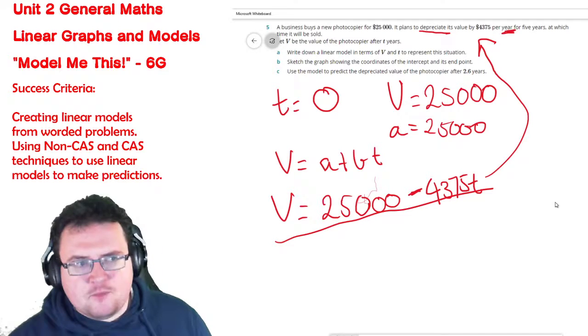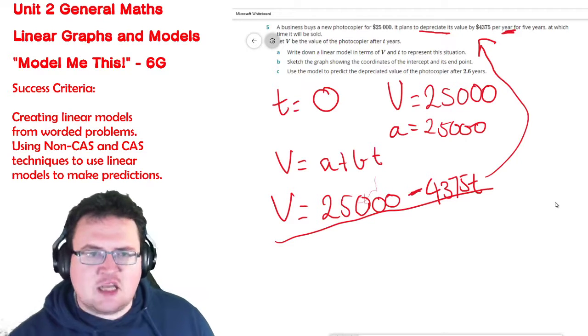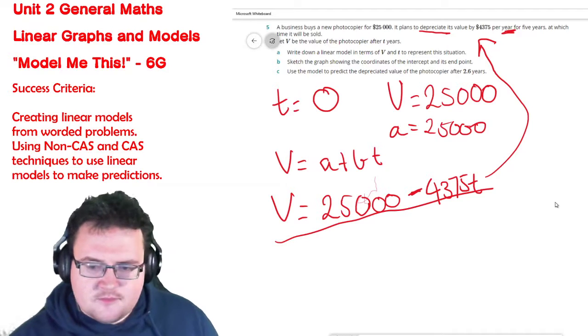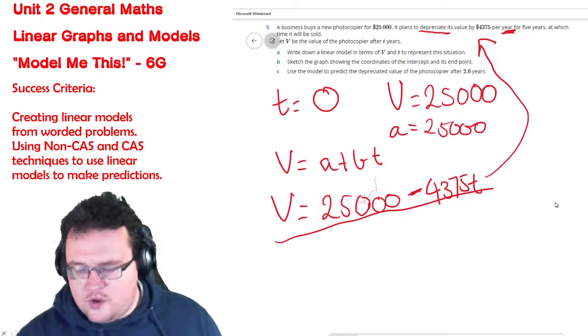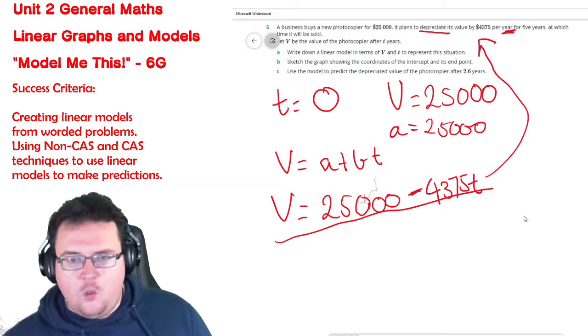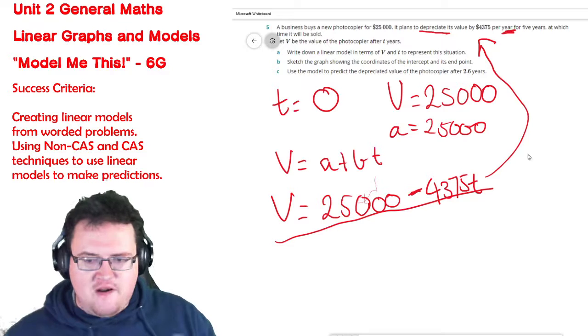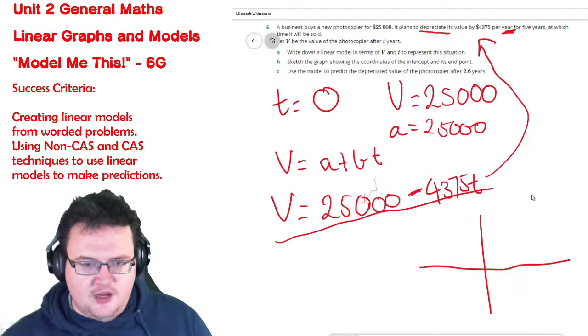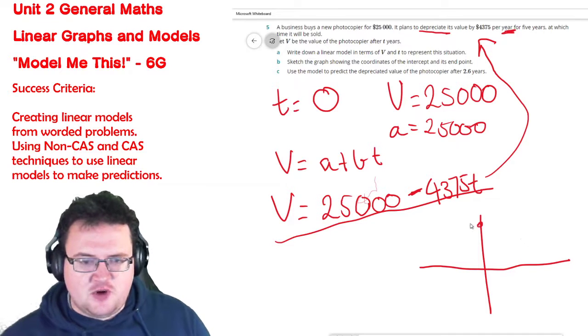Final value? All right. Can something have a negative value? All right. If I were to do a very, very quick sketch of what this situation looks like, 25,000 here.